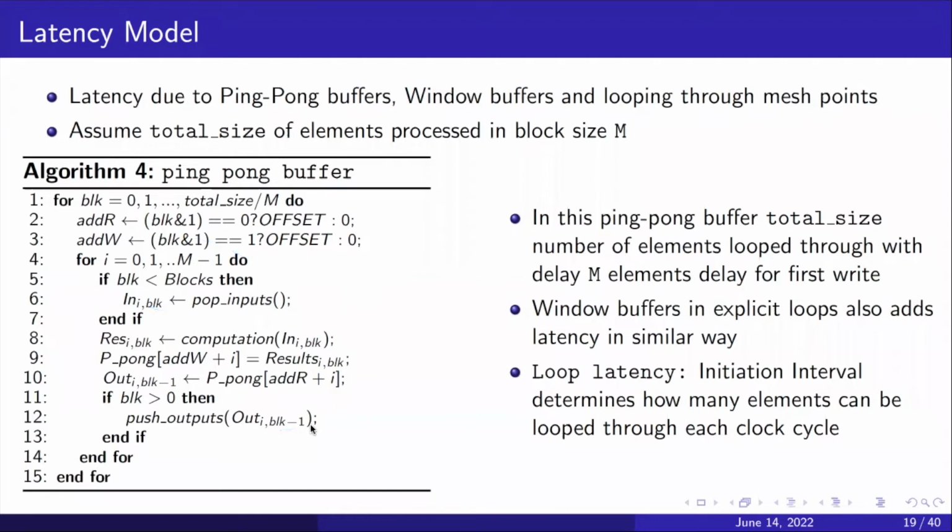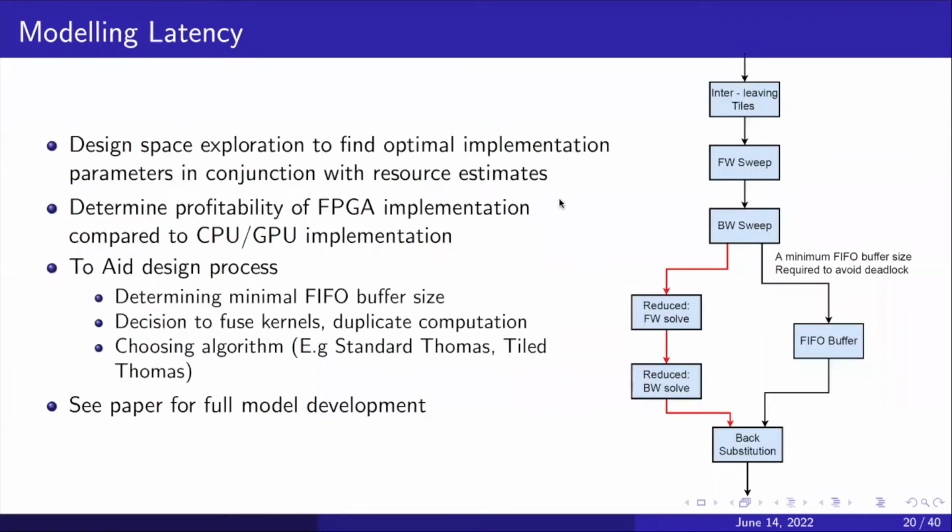Hence, the delay in the ping pong buffer is 1 block, or m elements in this case. Other than that, looping through the mesh points is the main contributor to the latency. Looping latency depends on the loop initiation interval, which depends on how effectively we pipeline the loops on FPGA.